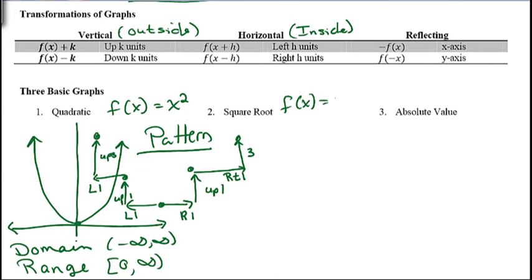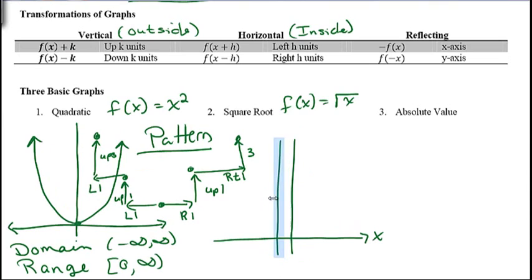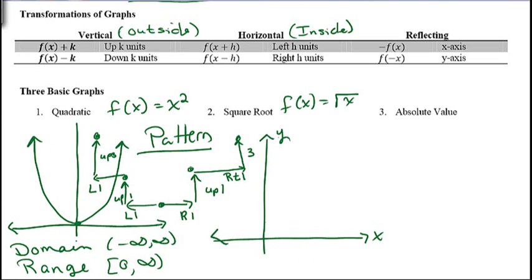The next graph is a square root graph, so it's the square root of x, and basically it's this graph flipped over on its side. Okay, so it starts at 0, 0, and again it's this graph flipped over on its side, so it's this part, only right here. And so you can use the pattern again if you want.